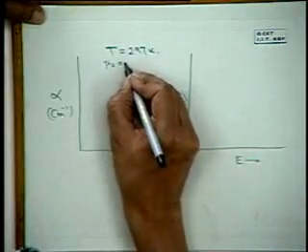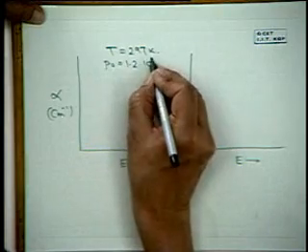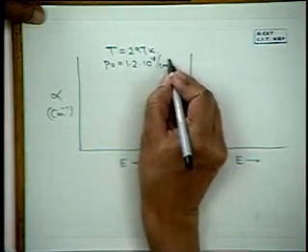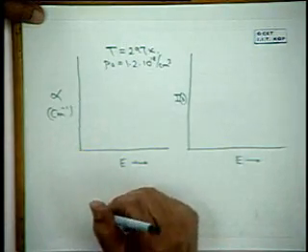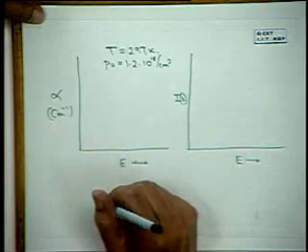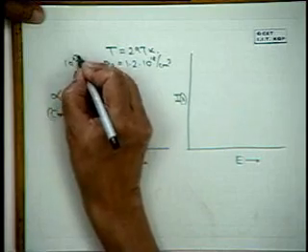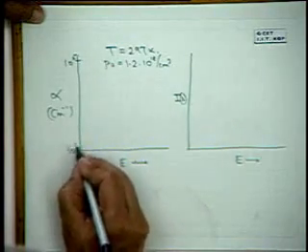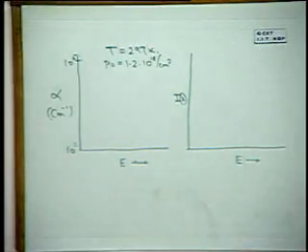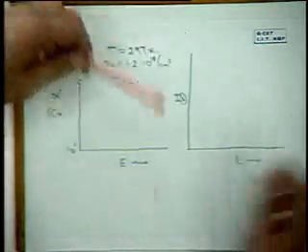P0 is 1.2 times 10 to the power 18, so realistic materials, really heavily doped. This is 10 to the power 5, this is 10 to the power 1, fairly heavy doping.